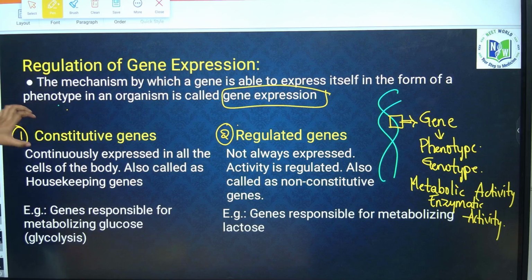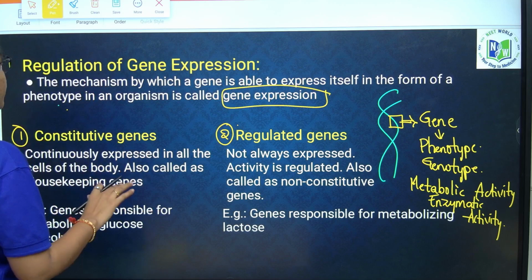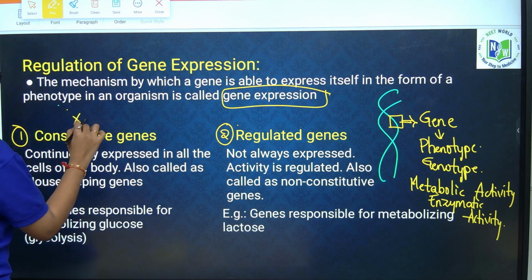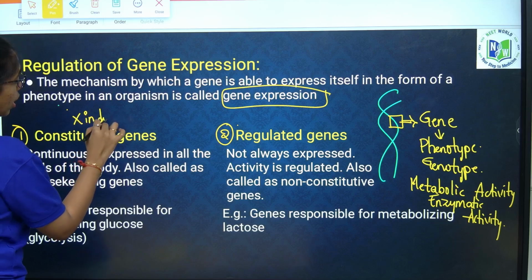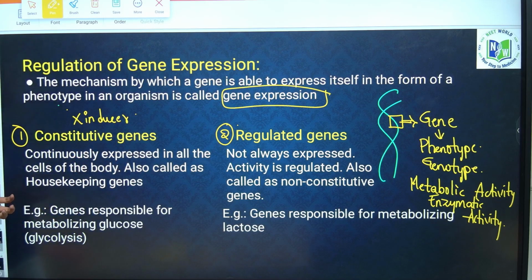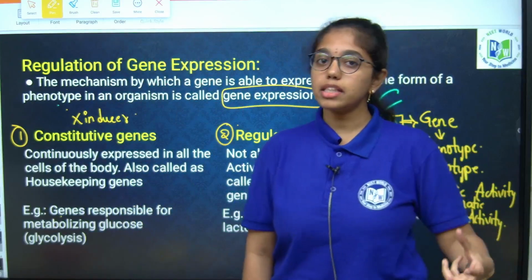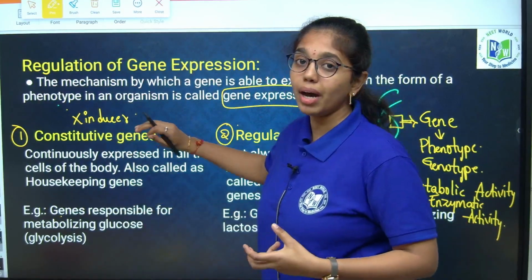Constitutive genes are those genes which are continuously expressed. They don't require any inducer to get activated for conducting gene expression. They are continuously expressed even in the absence of inducer. For example, the genes responsible for metabolizing glucose, or for conducting the process of glycolysis in organisms, those genes are what, ma'am?